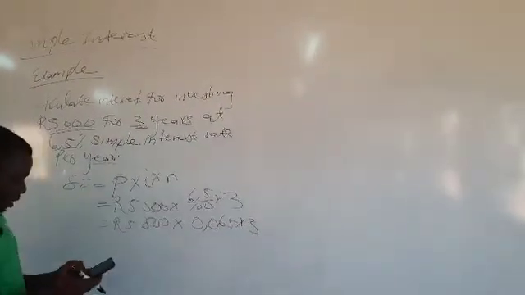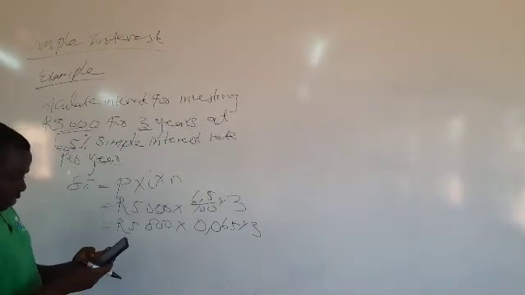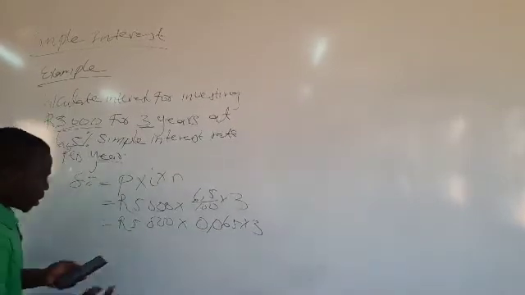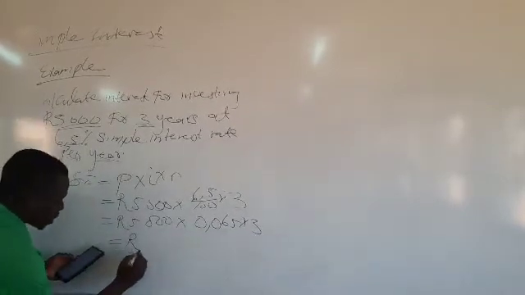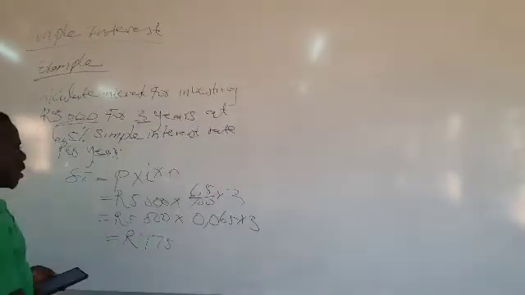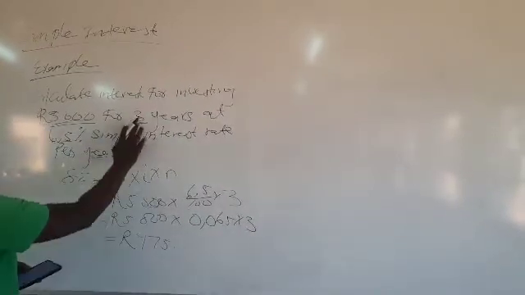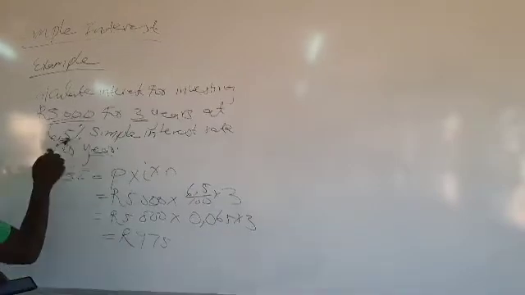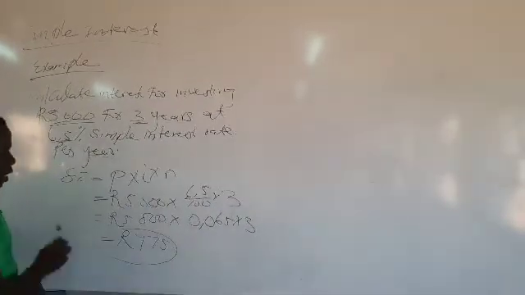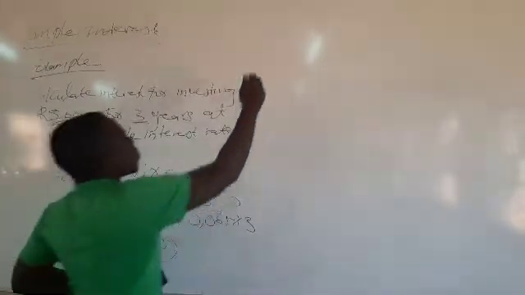So now in this case, you're going to say 5,000 multiplied by 0.065 multiplied by 3, which is equal to 975. So it means for investing 5,000 rands for 3 years, at simple interest rate of 6.5, after 3 years you are going to earn 975 rands.